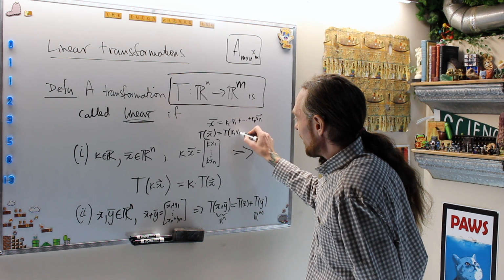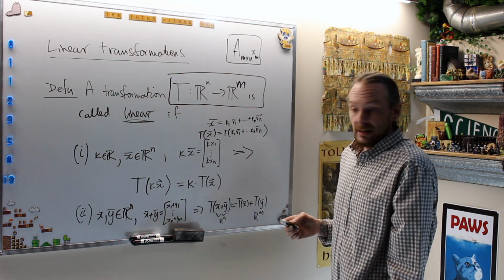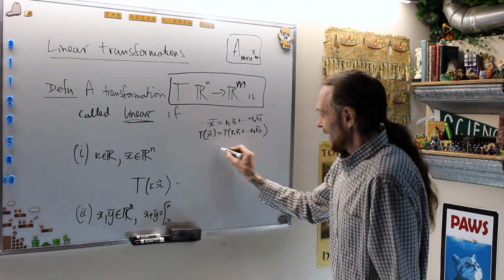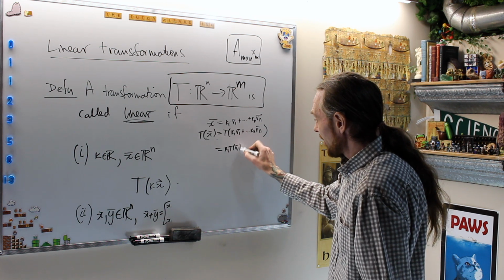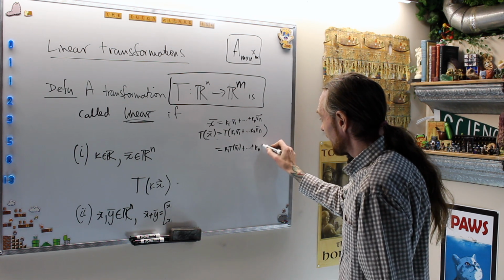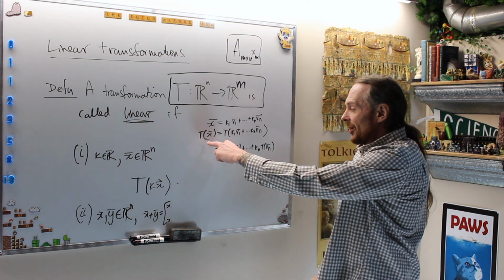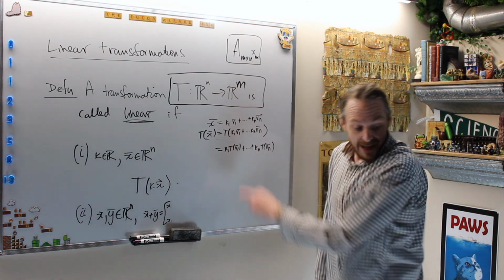T of k1 v1 plus dot dot dot plus kn vn. And what's that going to do for me? Oh ho ho. I can use these two properties. That's going to say that will be k1 T of v1 plus dot dot dot plus kn T of vn. To describe where every point goes, all I need to know is where the image of the basis vectors goes.